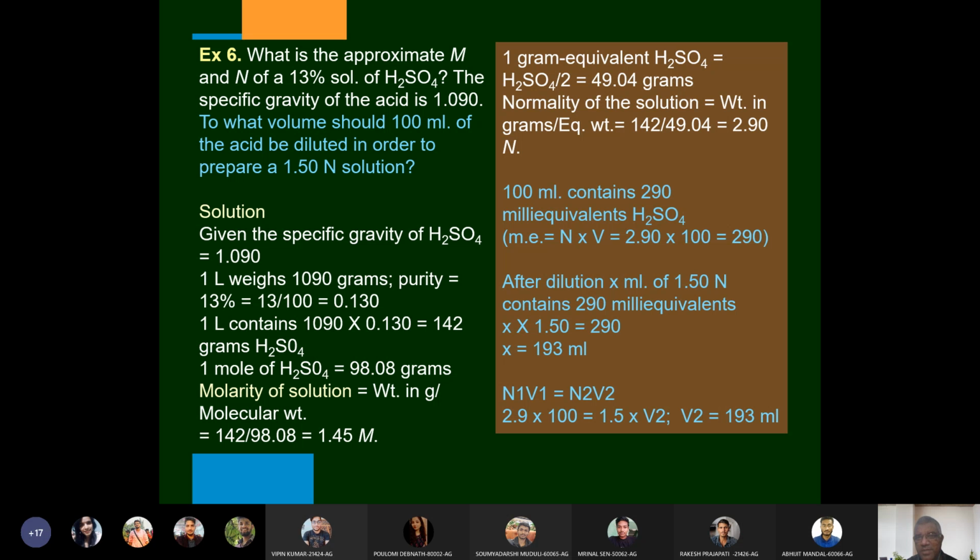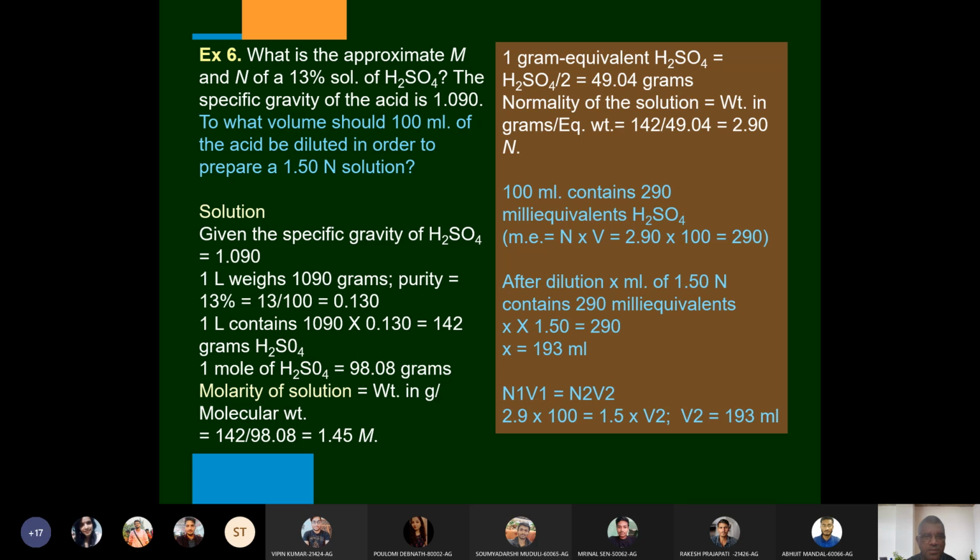2.9 was the normality, which means 2.9 times the gram equivalent weight is there in 1 liter. So that means 100 ml will contain 290 milliequivalents of H2SO4.